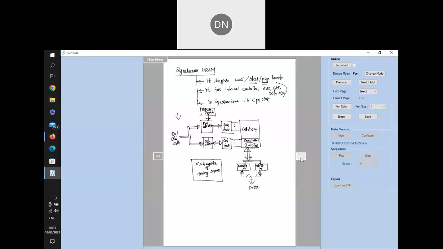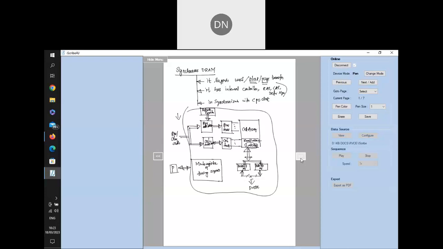So the processor interfaces to this, and the timing signals required are managed inside the chip itself. This type of arrangement is provided in synchronous DRAMs.